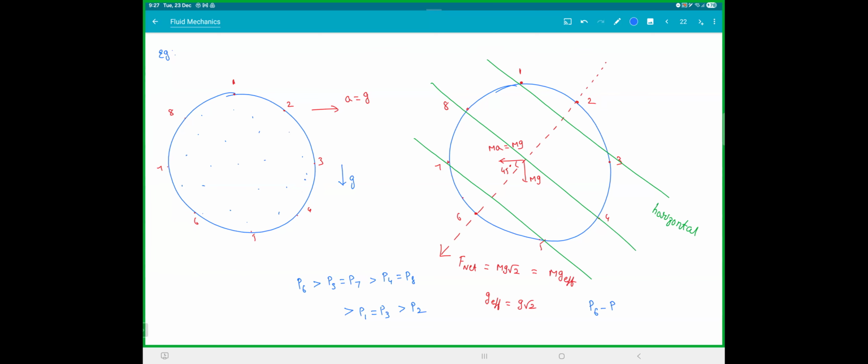P6 minus P2 will be rho, gravity became g root 2, and the depth is 2r. Clear with this? So g becomes g root 2. If you accelerate this container, the entire liquid will start thinking the gravity has rotated by 45 degrees and the magnitude became g root 2. Any doubts on this? All clear with this?